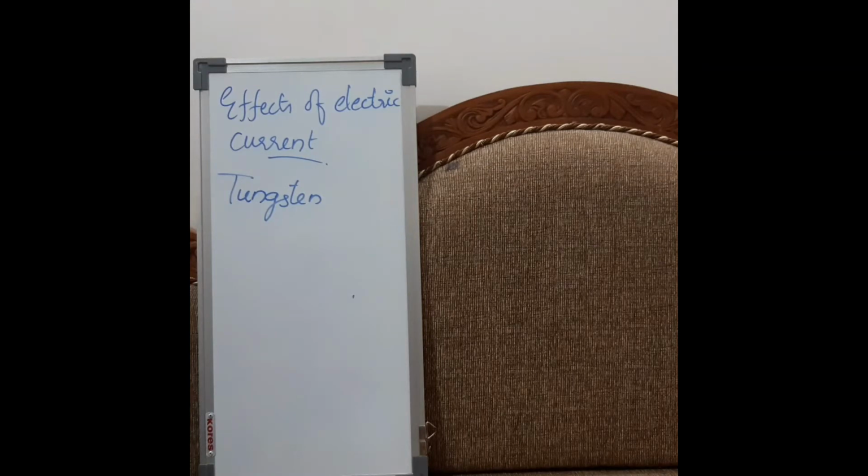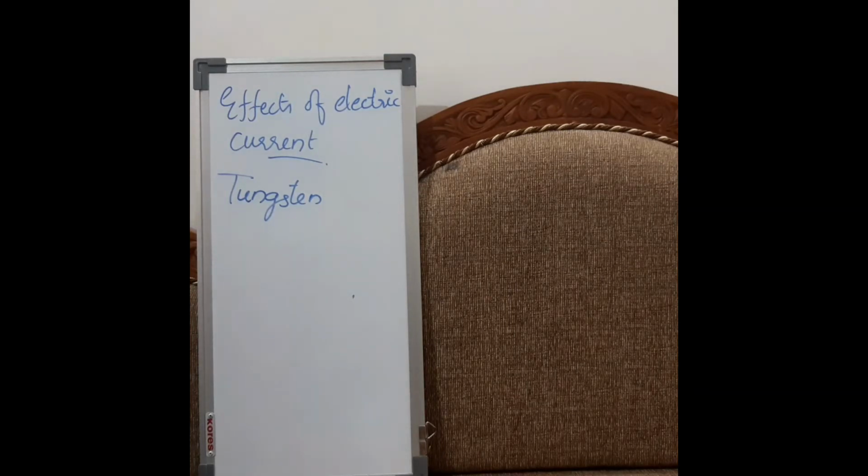In filament lamps, to avoid oxidation of tungsten, the bulb is evacuated. There are 2 points here. One, to avoid oxidation, the bulb is evacuated. And to avoid or reduce vaporization, the bulb is filled with some inert gas at low pressure.